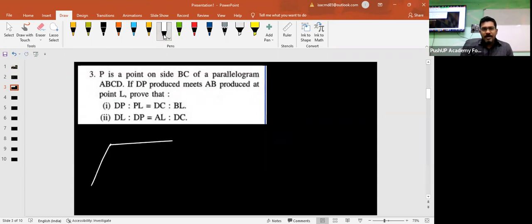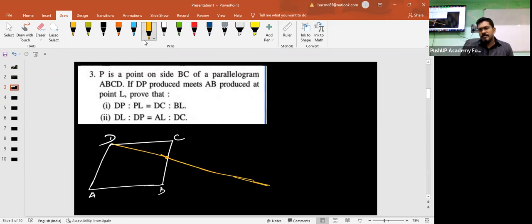What they had given? A parallelogram. So this is your parallelogram, ABCD. They were talking about DP being produced further, it will touch L. Now they are asking us to prove what?